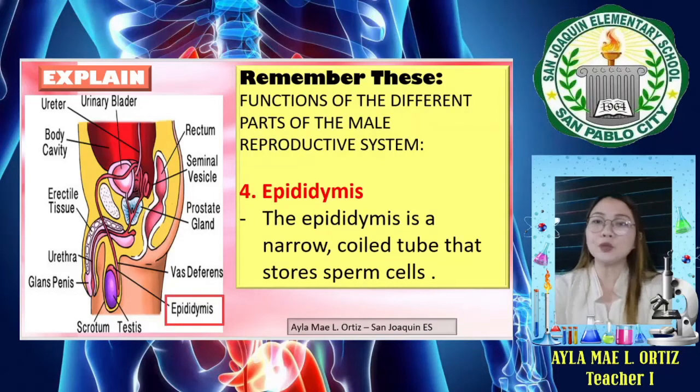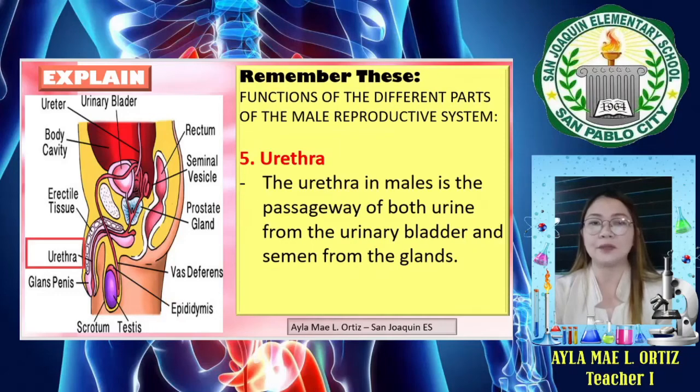So the fourth one is the epididymis. So the epididymis is the narrow, coiled tube that stores sperm cells. So it is a simple, long, highly tortuous tubule and is about 4 to 6 meters long in humans. So the fifth one is the urethra. So the urethra in males is the passageway of both urine from the urinary bladder and semen from the glands.